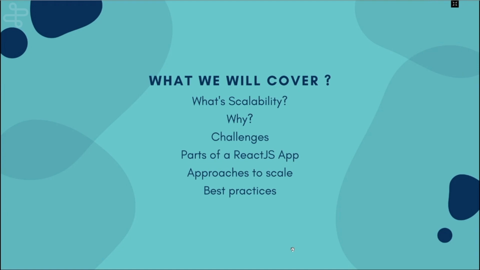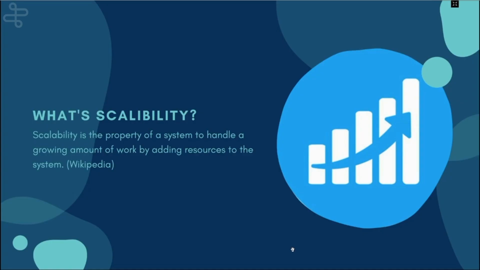So first of all, let's see what is scalability. If we see online on Wikipedia, scalability is defined as the property of a system to handle a growing amount of work by adding resources to the system. So this definition basically deals with the scalability on the backend systems in the days back when we were concerned with the performance of our backend systems, that we liked it to scale to millions of users or maybe lakhs of users.